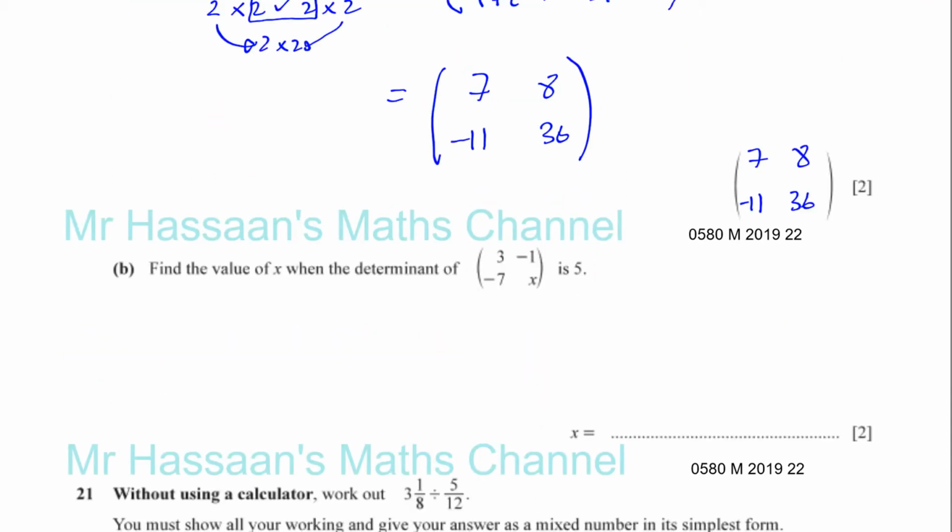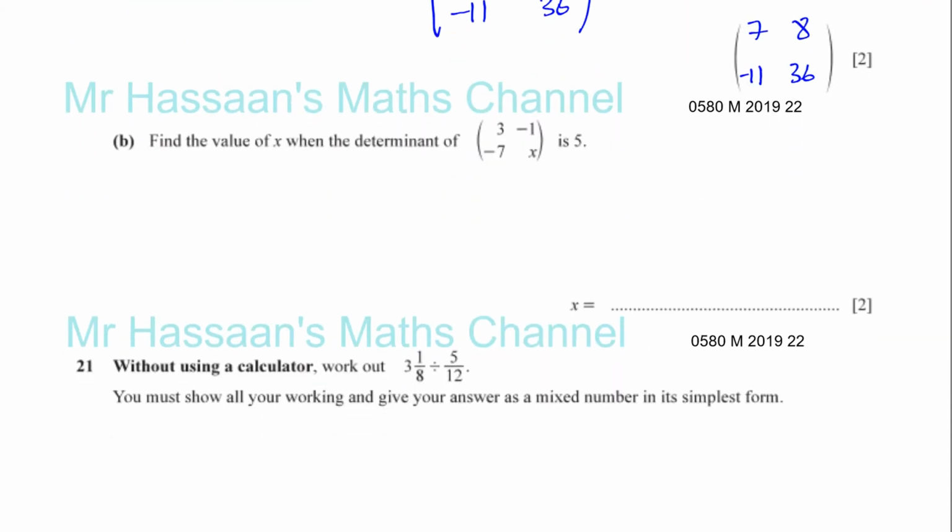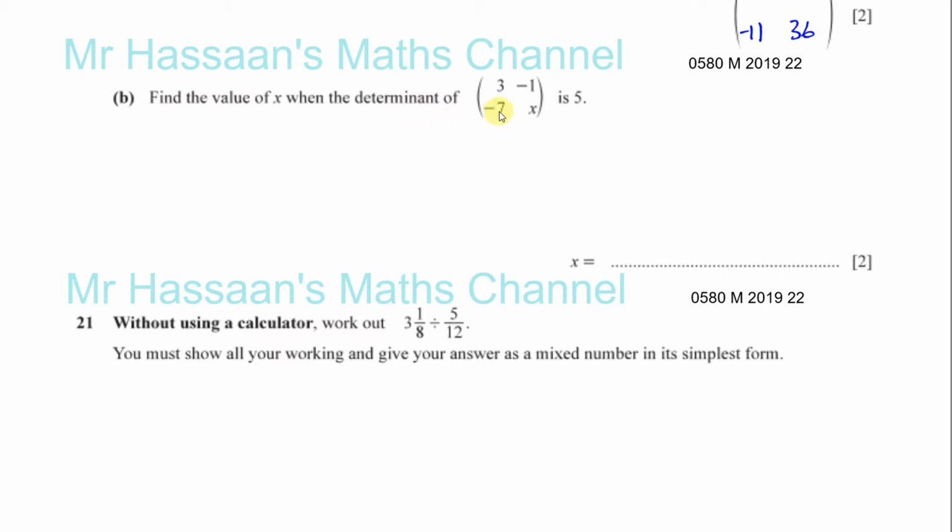Now 20 part B says find the value of x when the determinant of this matrix is 5. Now the determinant of a matrix is given by the product of the leading diagonal minus the product of the other diagonal.